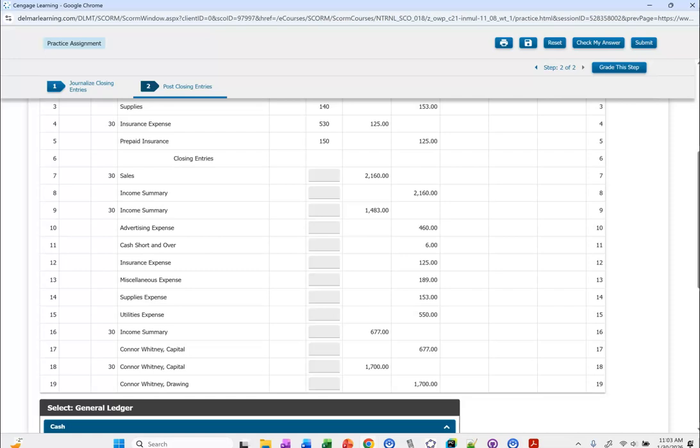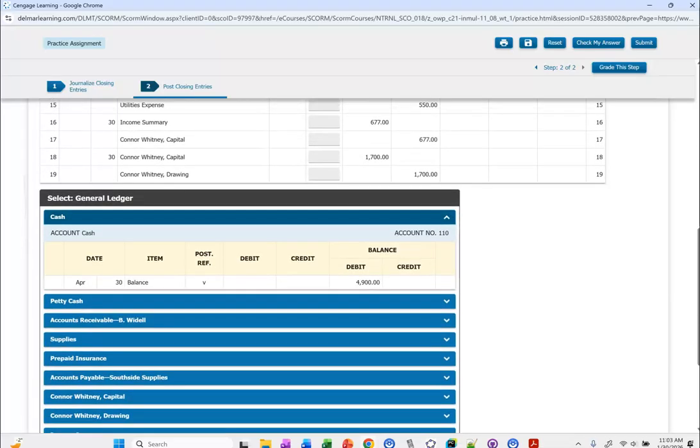I have to write down which account I'm taking this information and placing it in, so I need to fill an account number there. And then in the ledger, I have to record the page number of my journal that I'm getting this information from. So the first piece is sales.